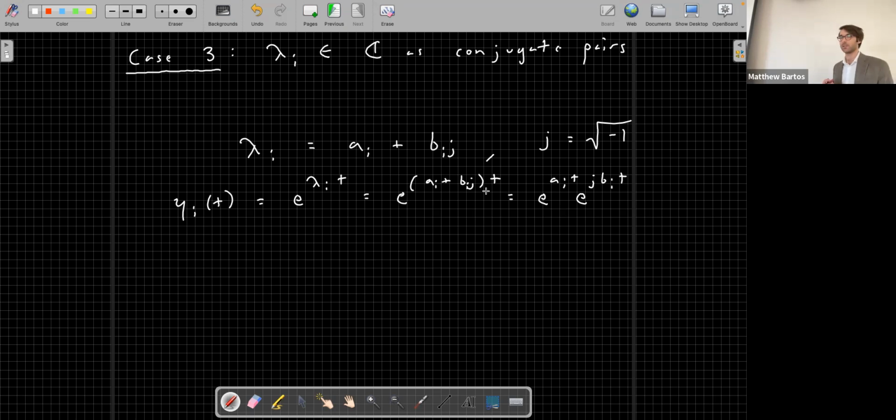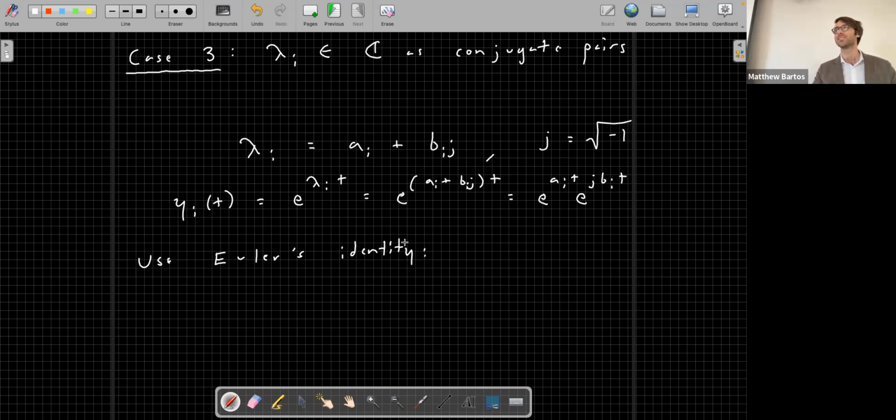Okay, so this is a little bit cumbersome to deal with. We can simplify this a little bit to gain some intuition about how the response will look like. In particular, we can use Euler's identity. I'm still not exactly sure how to pronounce Euler's name. I'll just say Euler. We can use Euler's identity.